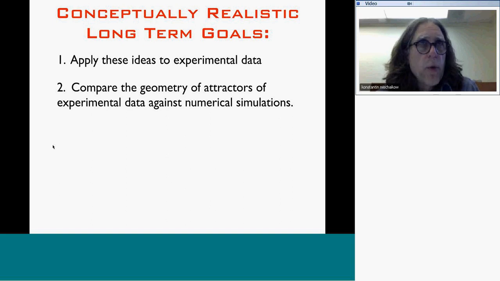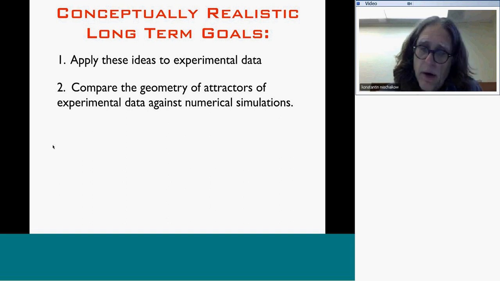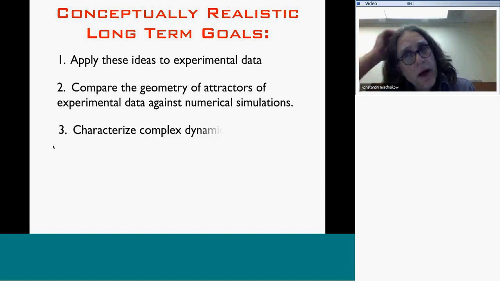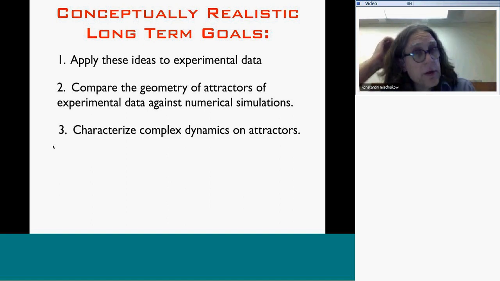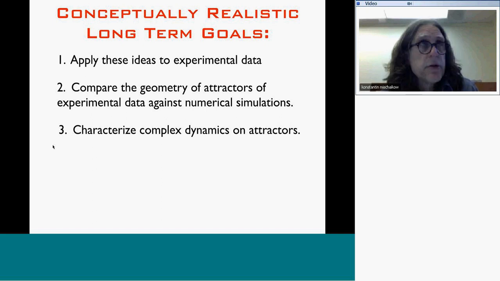And so as a very crude way of measuring these complex systems, I think that trying to understand the geometry as measured via persistent homology makes sense as a way to compare very complicated time series data. Another thing, and this is further down the road, but I'd really like to be able to characterize the complex dynamics on the attractors.